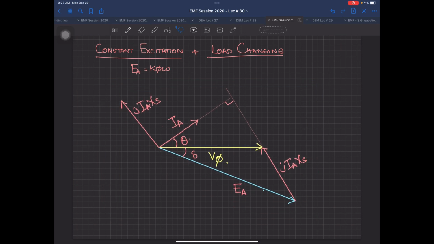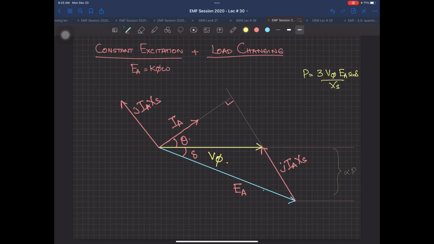Now, what is over here? In this diagram, this distance and this distance are proportional to P, agreed? Why? Because your P is equal to 3 V phase EA sine delta divided by XS.